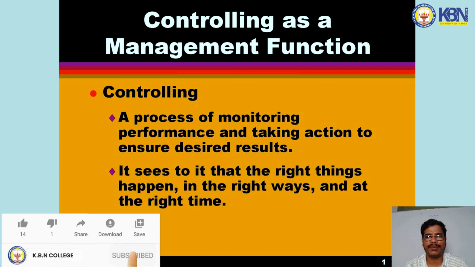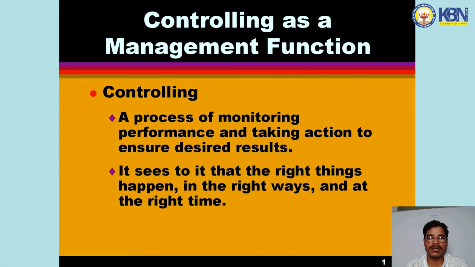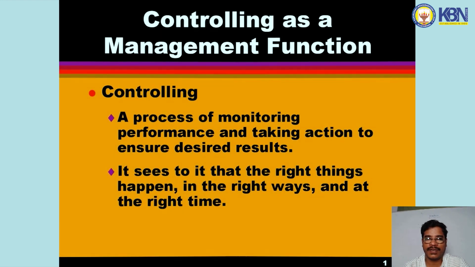This is very important. Controlling is a very important function which every manager has to focus on. Without controlling, we may not get the desired results, and you may not receive the exact output you are expecting from that particular activity. So controlling is very much needed.